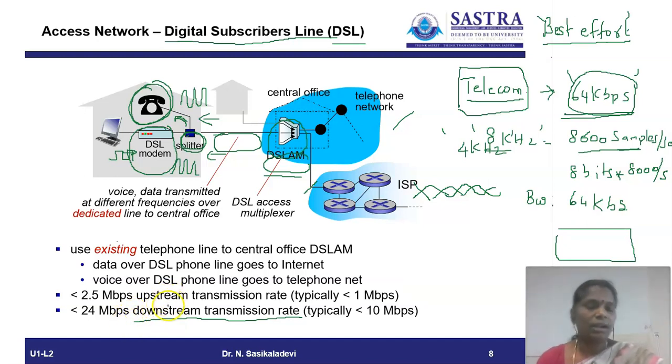This DSL allows a maximum of 10 megabits per second downlink and a maximum of 1 megabit per second uplink. This is the traditional way of connecting to the internet using residential access.